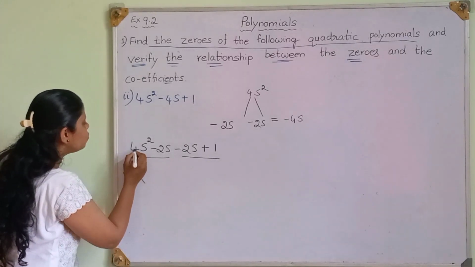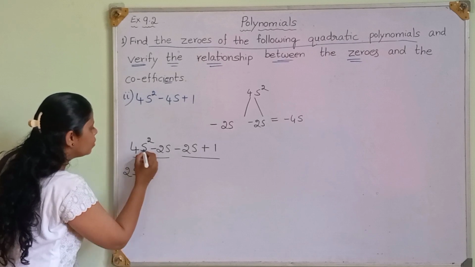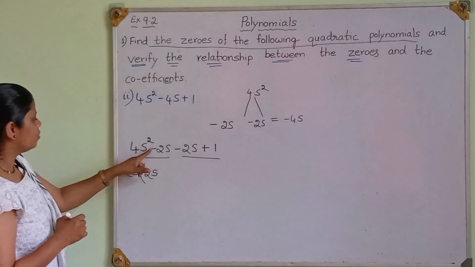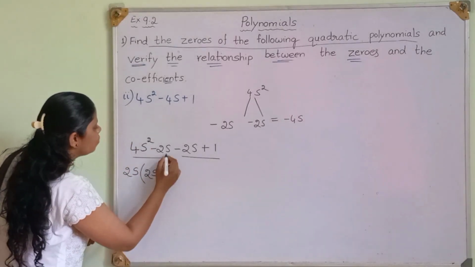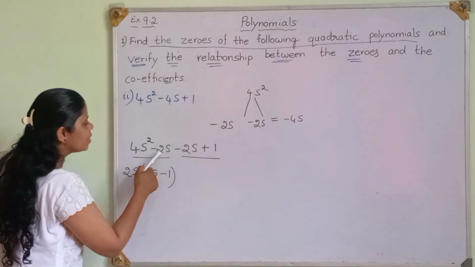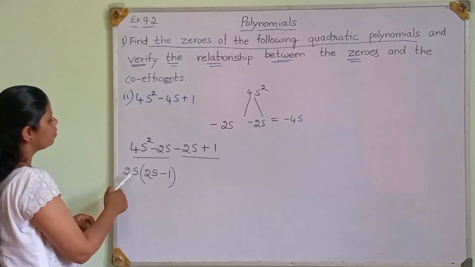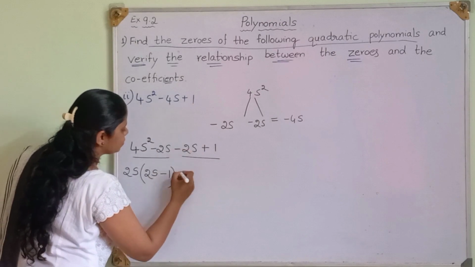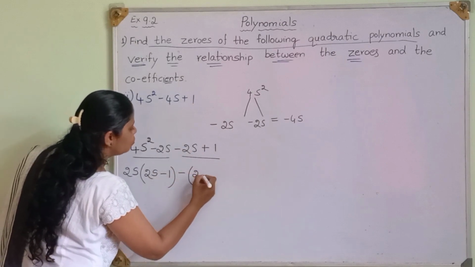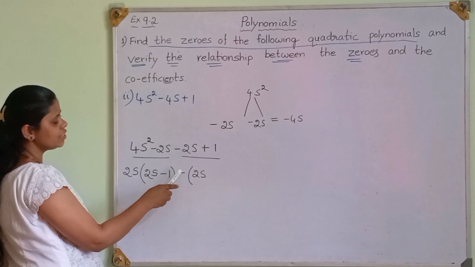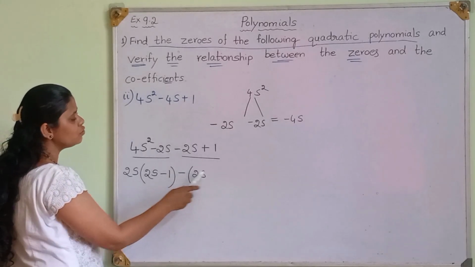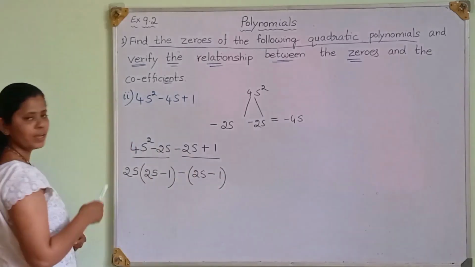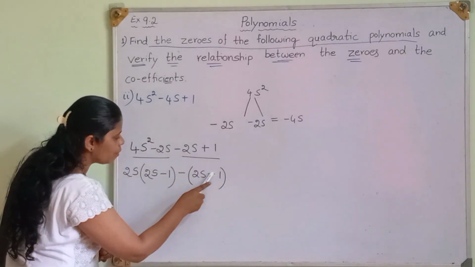Then 2 into 2 is 4. s square is there, so 1 s is left, minus 1, because we have taken this 2s outside, therefore we have to write 1. Now minus 2s, since we have taken this minus outside, minus into minus is plus, therefore I will write 2s minus 1. Okay, look at this carefully. Minus into minus is plus.